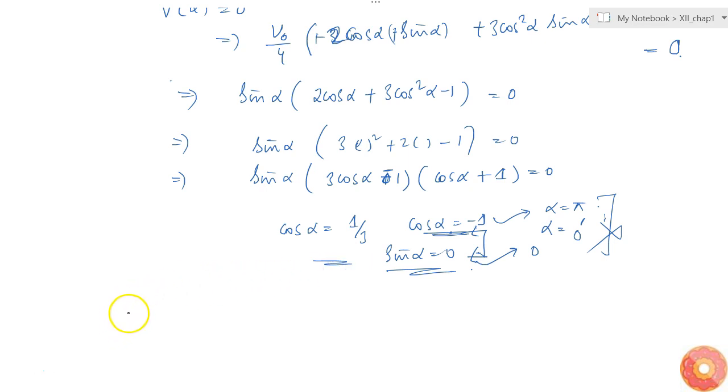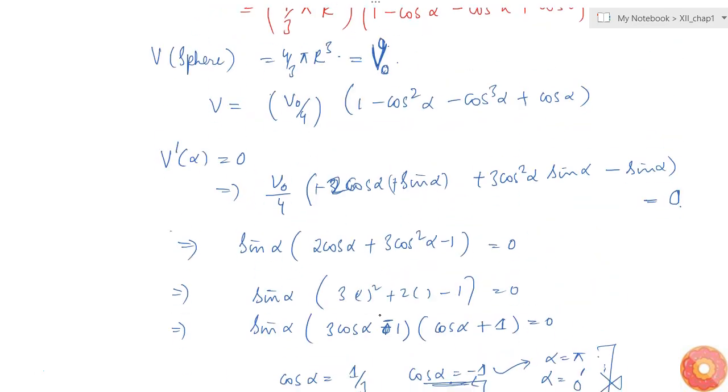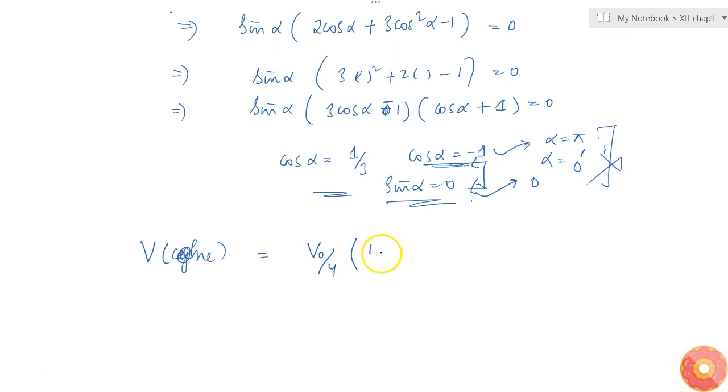So finally if we put cos alpha equal to 1 by 3, we get the volume of cone. Volume of cone will be equal to V0 by 4 into 1 minus cos square alpha, which is 1 by 9, minus cos cube alpha, which is 1 by 27, plus cos alpha, which is simply 1 by 3.